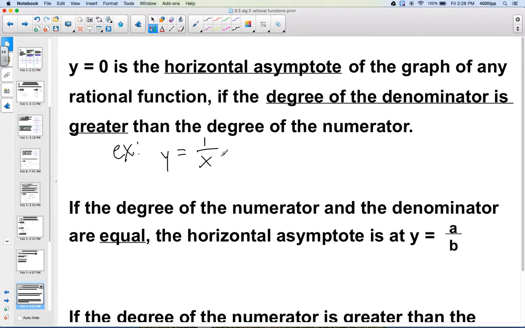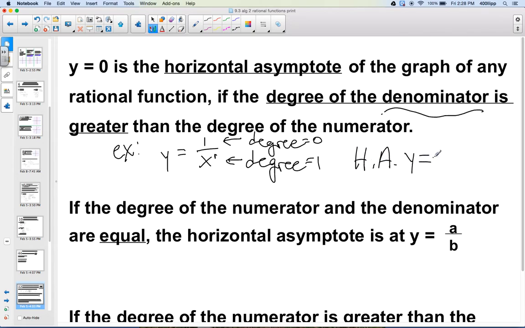So here, in the denominator, the degree is 1 because x to the first. And here, the degree is 0 because there's no variable. If there's no variable, that's the same as x to the 0, and x to the 0 is just a 1. So the degree is bigger in the denominator, and therefore our horizontal asymptote is y equals 0.